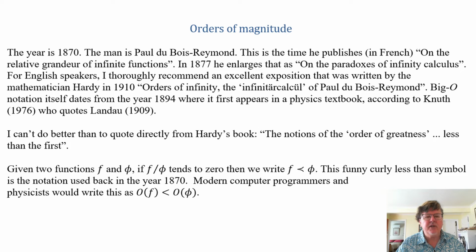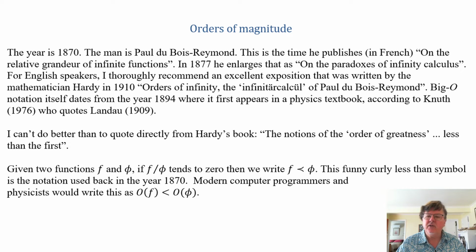For English speakers, I thoroughly recommend an excellent exposition that was written by the mathematician Hardy in 1910. You may know Hardy as the mathematician who worked with Ramanujan. He wrote, "Orders of infinity, the infinita calcul of Paul du Bois-Reymond."